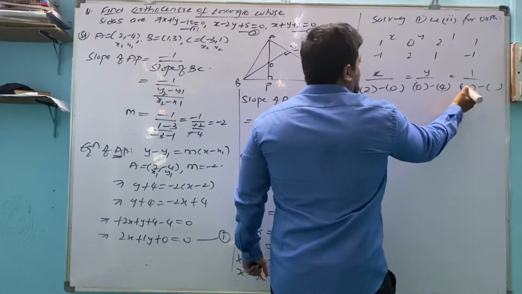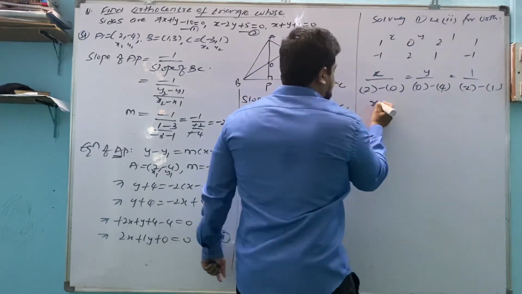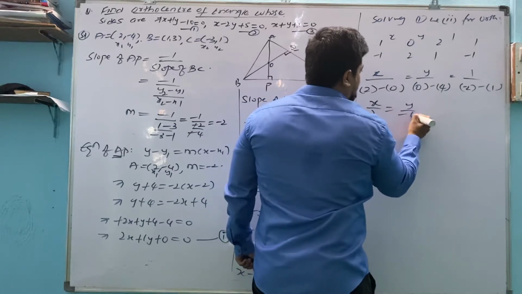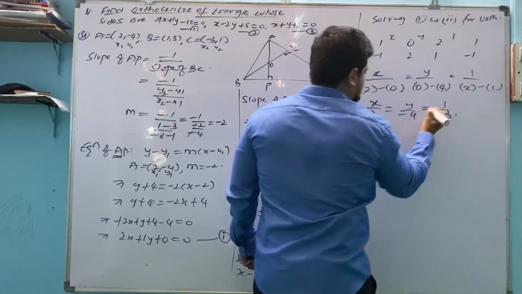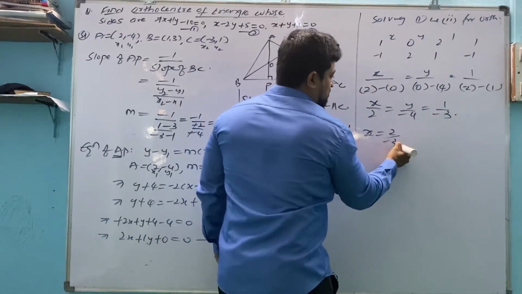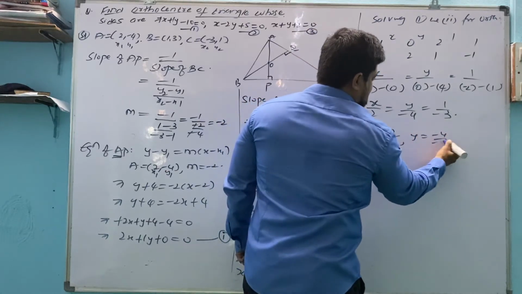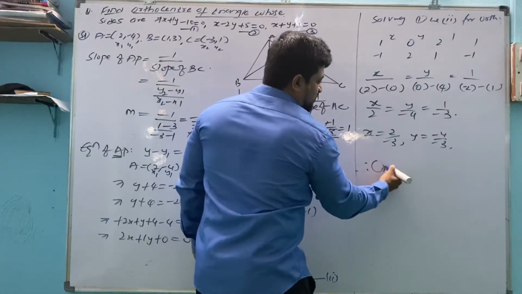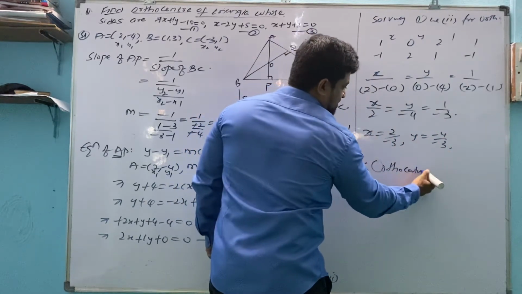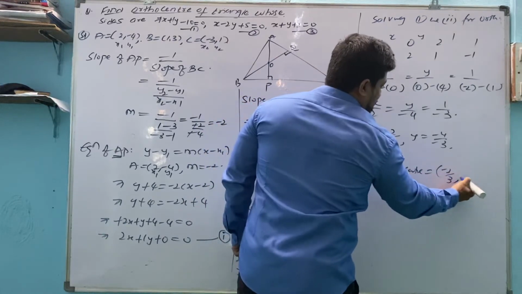X divided by 2, y divided by minus 4, 1 divided by minus 3. x equals 2 by minus 3, y equals minus 4 by minus 3. Therefore, the orthocenter is minus 2 by 3 and 4 by 3.